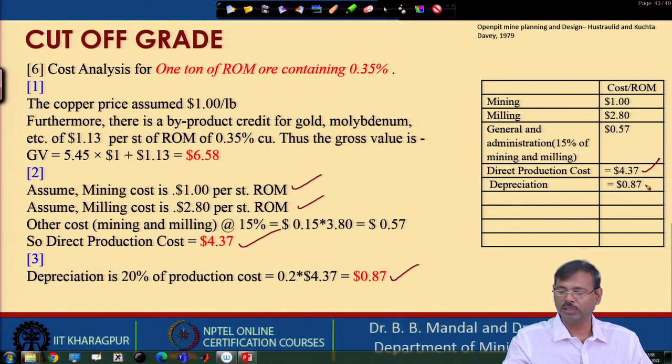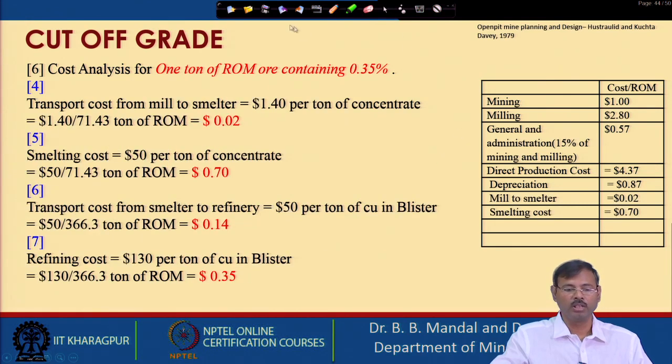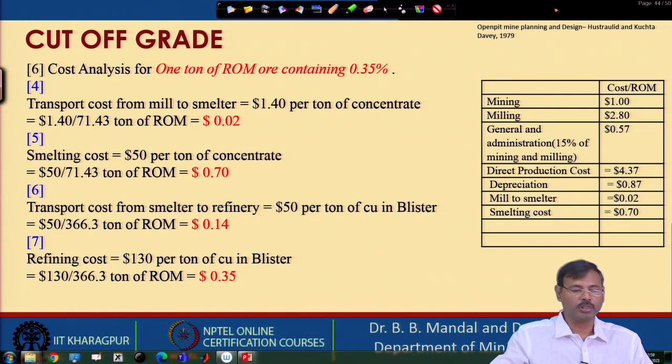So, the depreciation and both are considered in a similar manner, and these are the direct costs. Now, let us see the calculations for the transportation cost from the mine to mill, and from the mill to smelter.